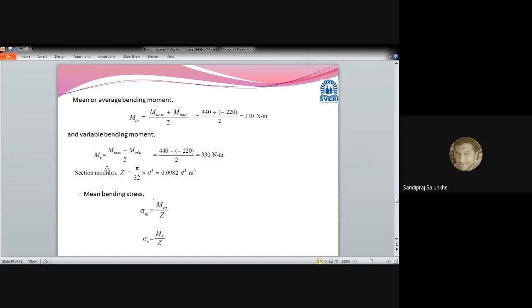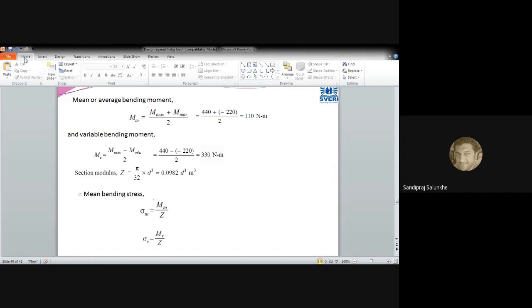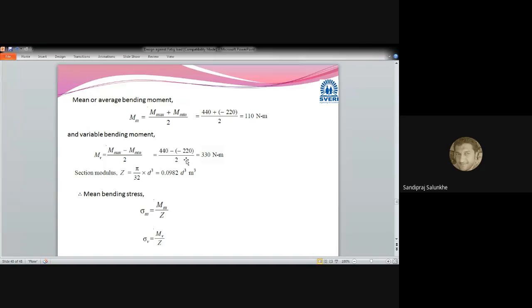Now from this bending moment, as I already explained to you, the bending stress can be calculated by means of M by I is equal to sigma by y. So from that relationship, first of all, we'll calculate this Z. Z is nothing but I divided by y. So it is pi by 32 d cube.